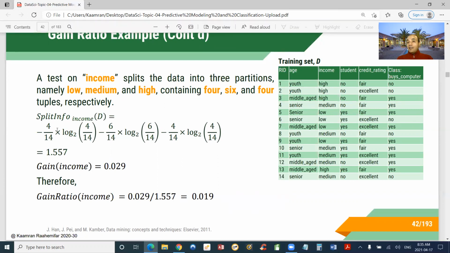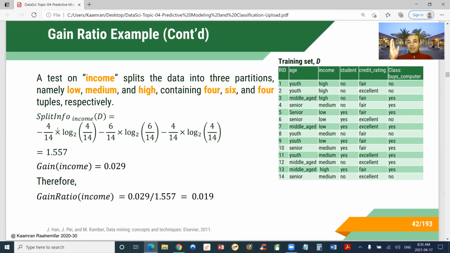We are not talking about yeses and nos anymore. We are not talking about a mapping of the attribute column versus the last column. We are not counting yes and no anymore. So take a look at this. I'm going to say 4 over 14, 6 over 14, 4 over 14, and I'm going to calculate that. That's going to be 1.557.